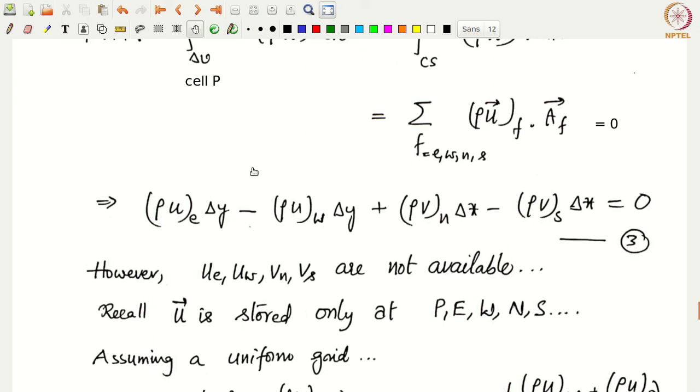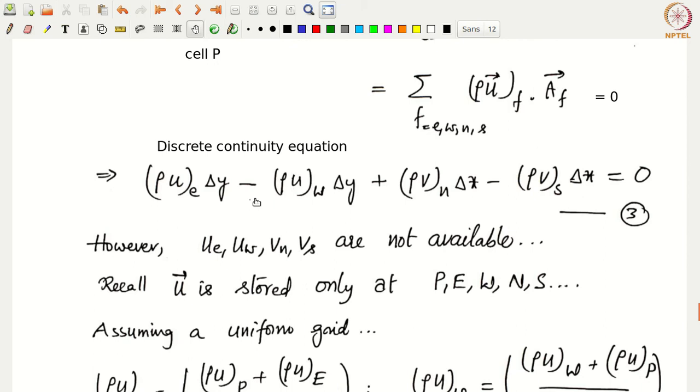So this is your discrete continuity equation in terms of the phase velocities. The velocities are now u little e, u little w, v little n, and v little s, which of course are not available, because we have not been storing velocities at the phases.